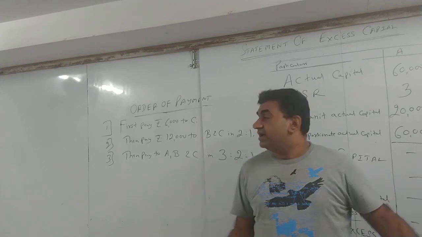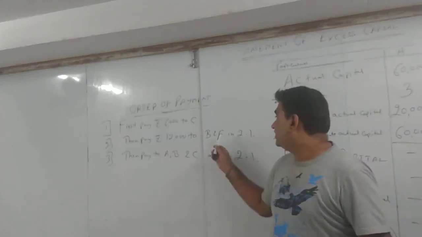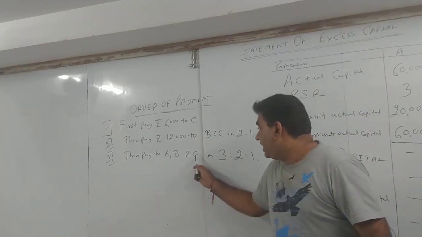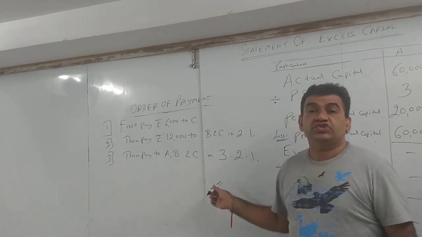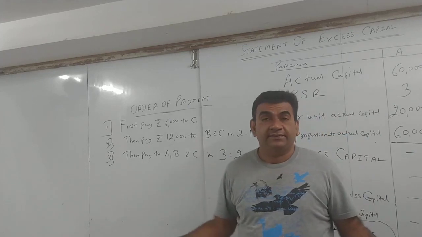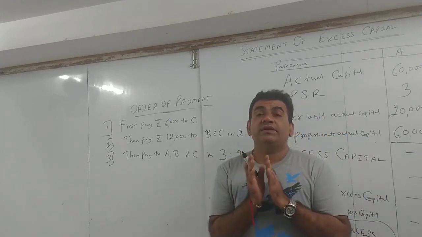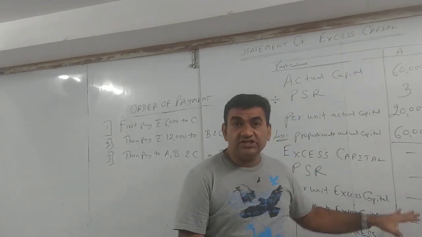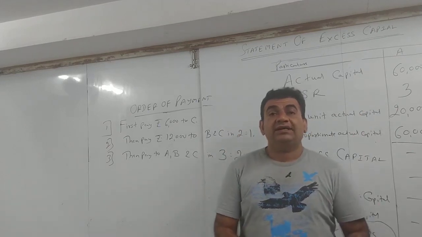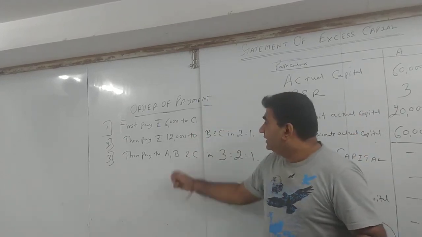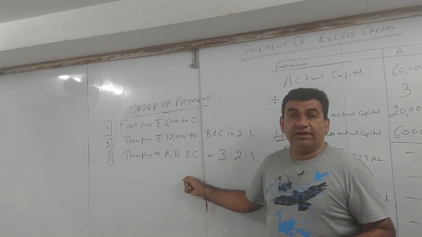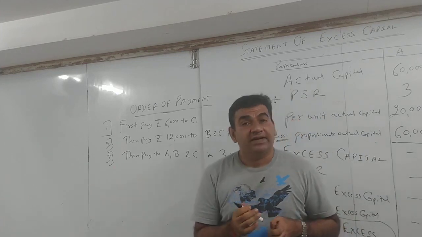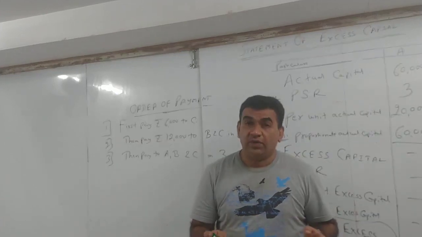Then the second line, pay to B and C 12,000 in the ratio 2:1, and after that pay to A, B and C in their PSR 3:2:1. Got it? This is the way you will prepare the statement of excess capital. First prepare the statement, and on the basis of the statement decide the order, and below the statement list down the order of payment. That is the way you will go ahead.